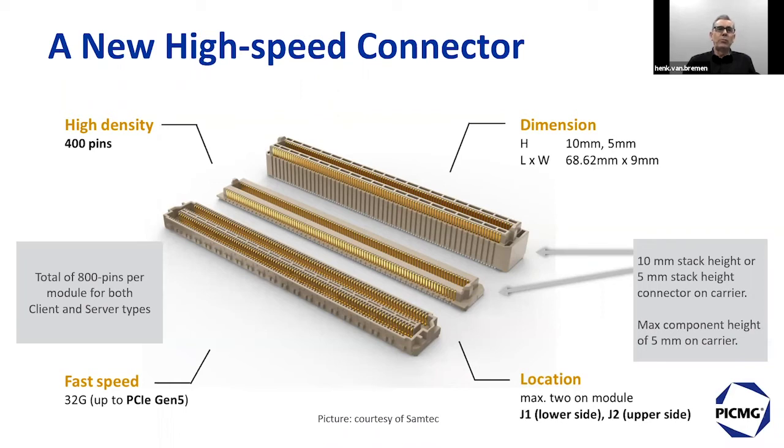For the carrier, you can choose between 2 heights. One is 5 millimeter, the other one is 10, and the 10 millimeter gives you a lot of space underneath the module where you can put almost any component available in the market. You will not get into problems there. Fast speed, we're going to go up to PCIe Gen 5.